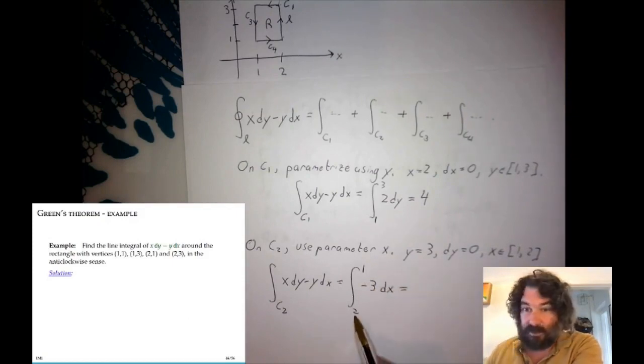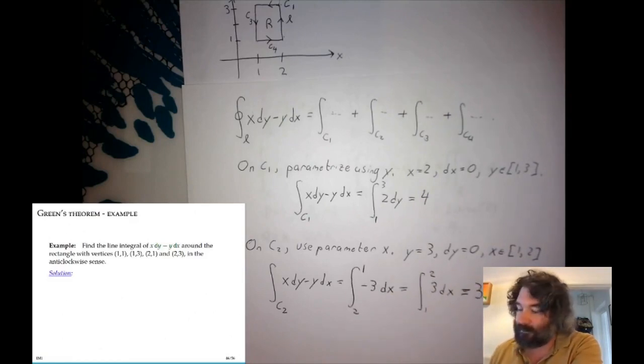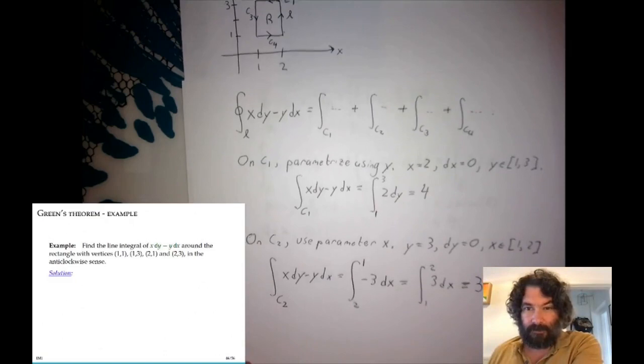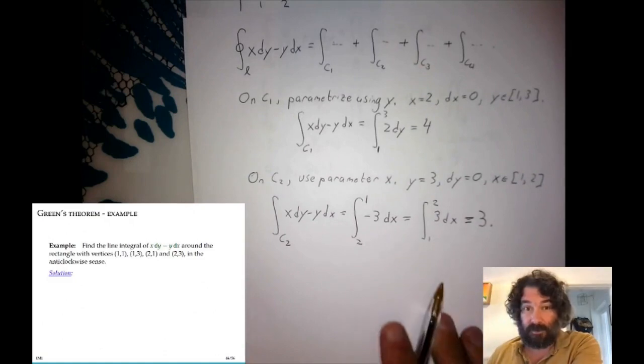And so because the bottom limit is bigger than the top limit, we get minus when we switch the limits around, integral from 1 to 2 of 3 dx, and that's just equal to 3. All right. So the line integral over C2 is 3.